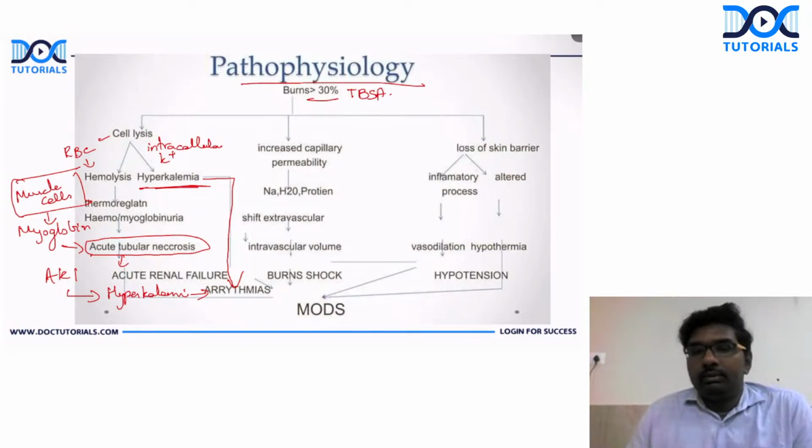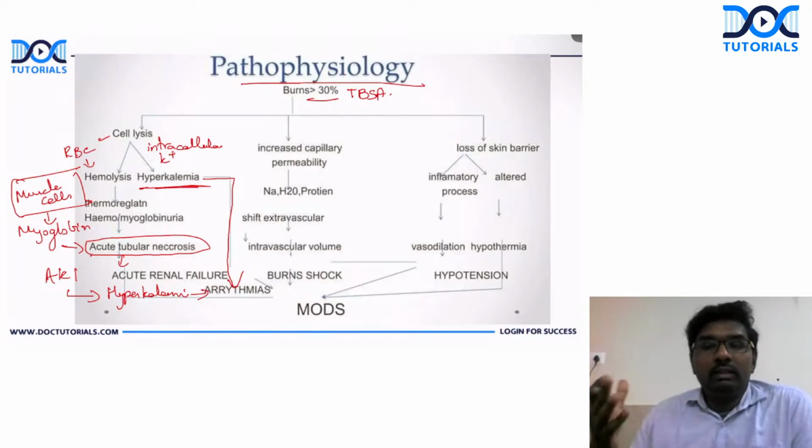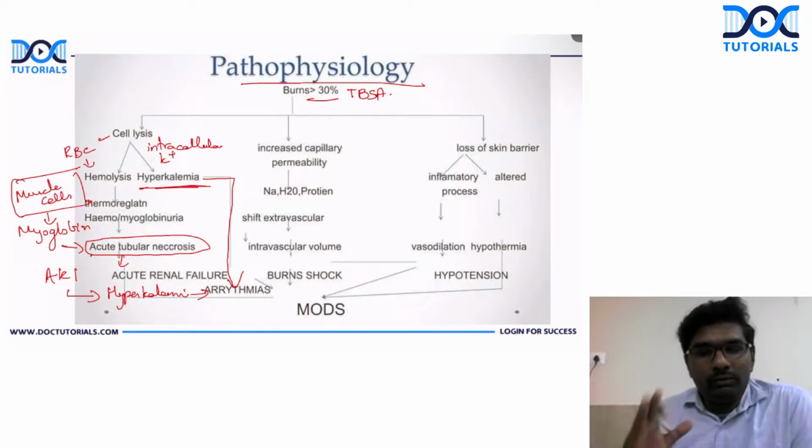Okay. And also, because of burns, there will be a locally increased capillary permeability. The vessels that are damaged by the burns will have an increased capillary permeability. So there will be loss of fluid from the intravascular compartment into the extravascular compartment, causing edema. Because of this loss of intravascular fluid, the patient will have shock.